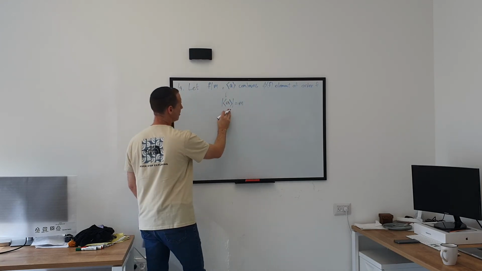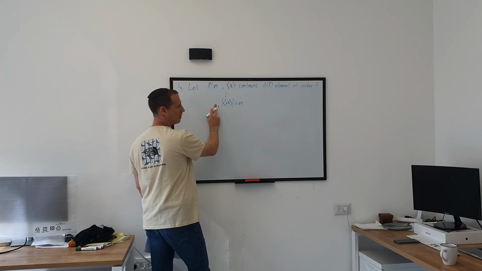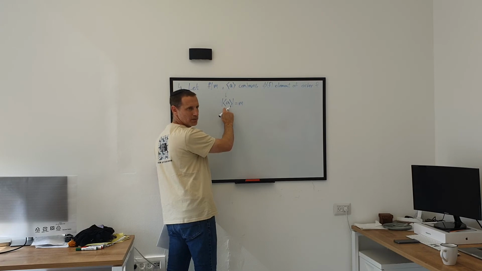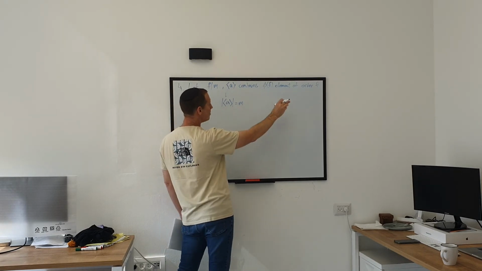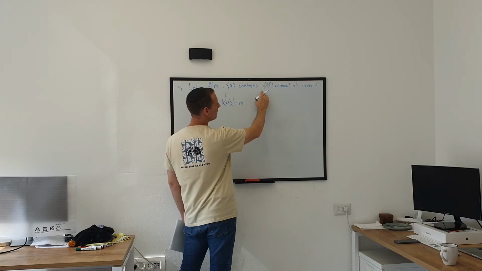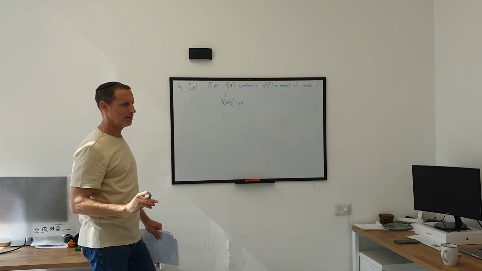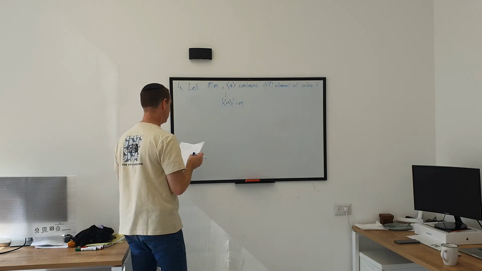And I've got f, a divisor of m. Then within the group generated by a, there are phi f elements of order f. Okay? All right. So let's see.